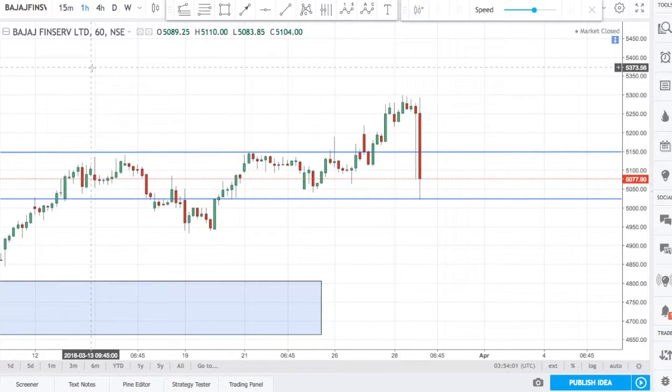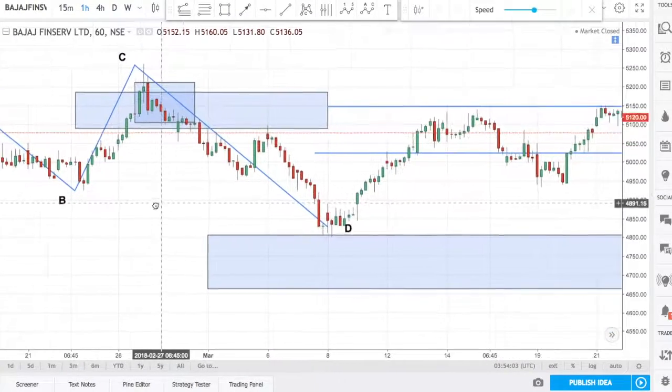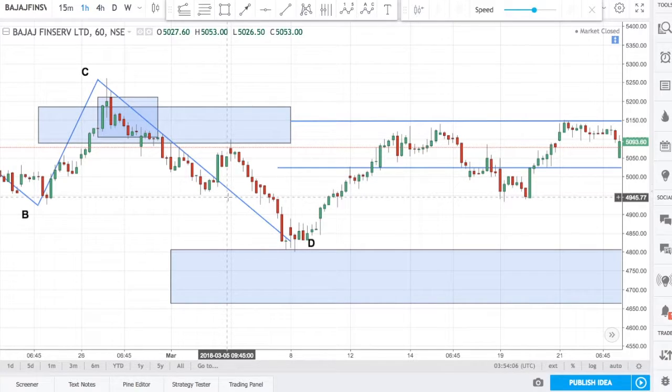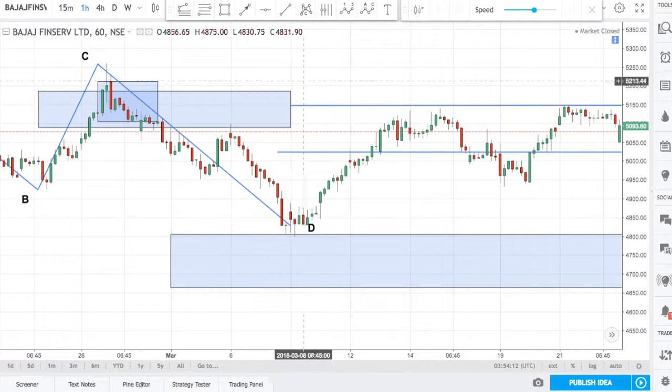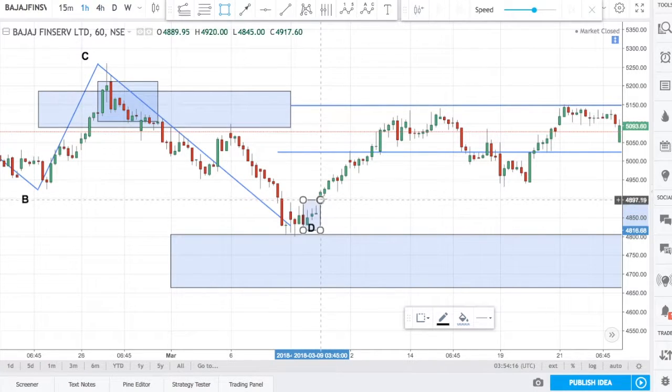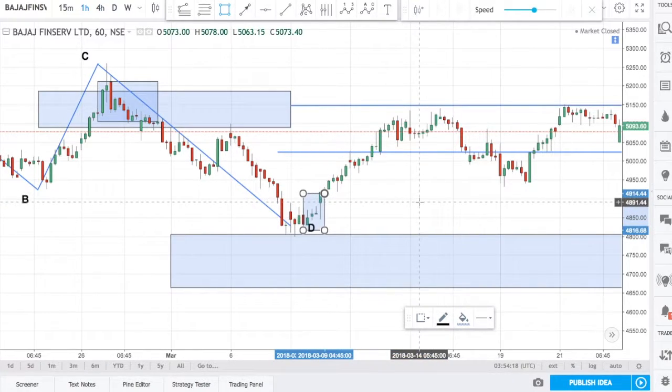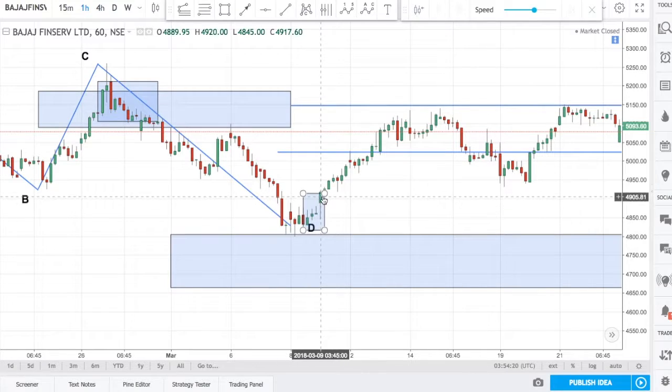Let's drop down to a 1 hour chart. This is our higher high closing right here.